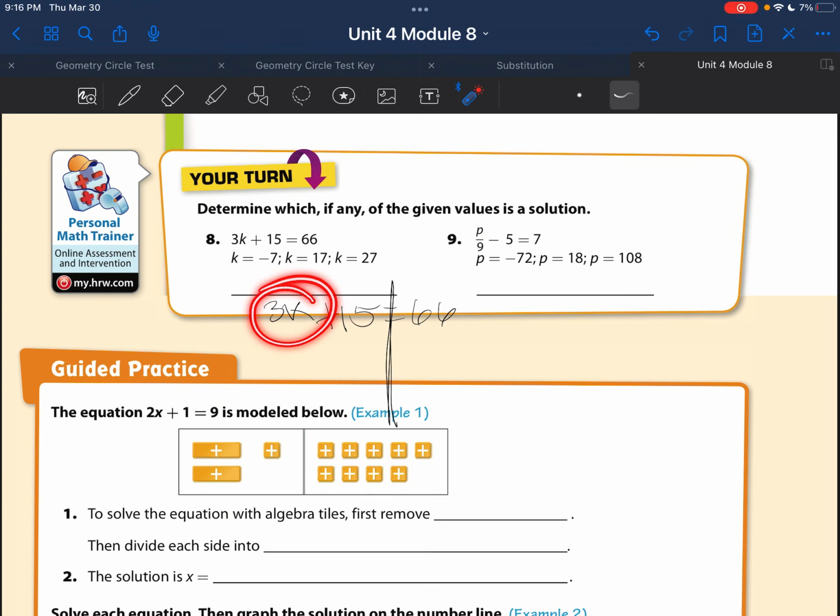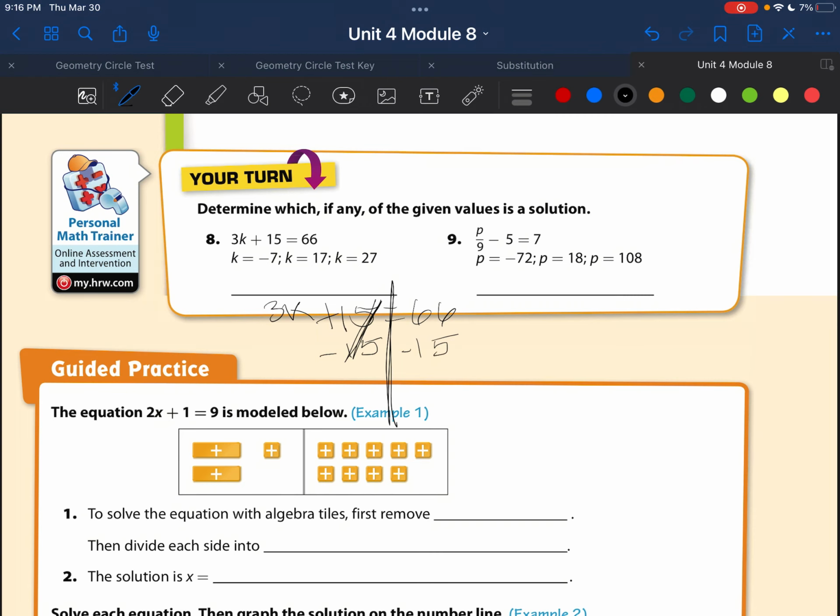Then I have to find my variable, which is K. And I got to do what's furthest away from the K first, which is that 15. So we see that it's a plus 15. And we have to do the opposite of that. So we're going to do minus 15. And if I do that over here, I got to do it over here also.